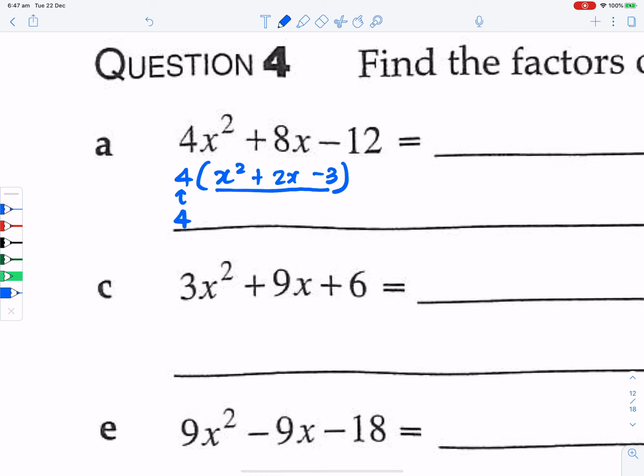Leave the 4 alone. Rewrite the x squared plus 2x minus 3. Put an x here and an x here. And what numbers multiply to give you minus 3 and add to give 2? Remember, that's what you do with the monics. 3 and minus 1. Okay? And there's your final answer.